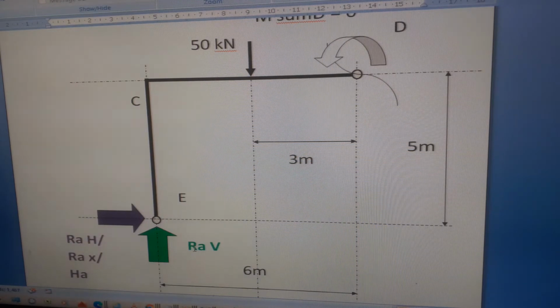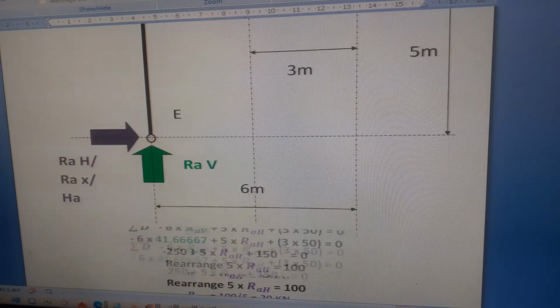If we wanted to, we know that RAH plus RFH equals 40, which means RAH equals 40 minus 20 equals 20. So I could have done that first and we could be checking that this works, but let's do it this way.